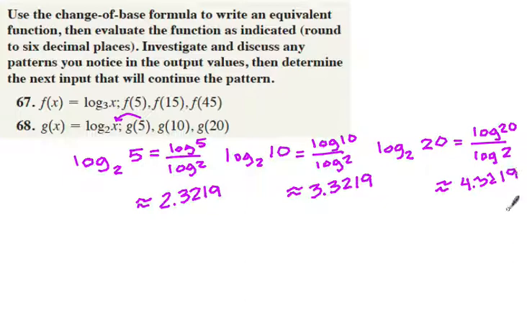Anybody notice any pattern there? Yeah, the first place is just going up by 1. Okay. What did we notice about the numbers? They're doubling. What's the base of my log? 2. So as I double, I go up by 1, exponential growth, so to speak.